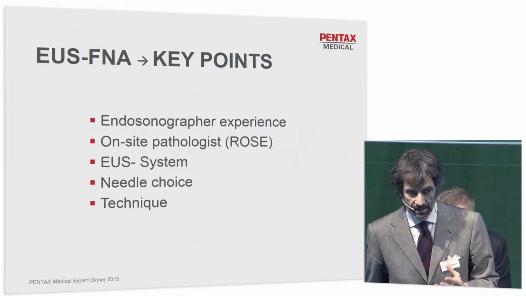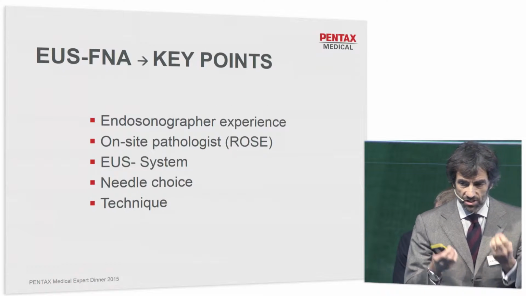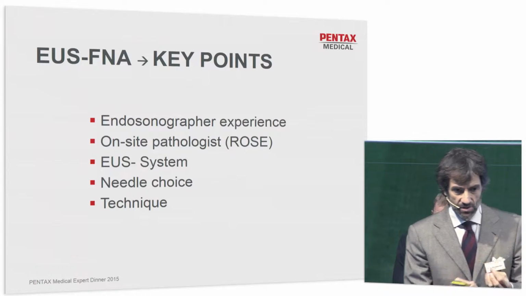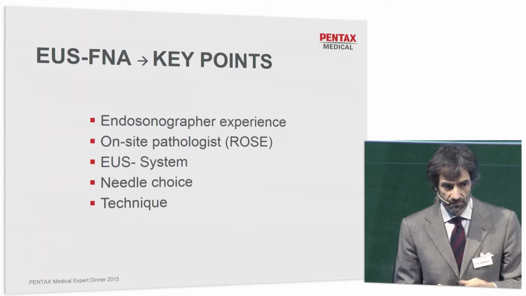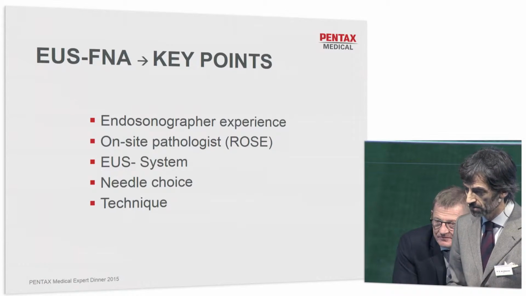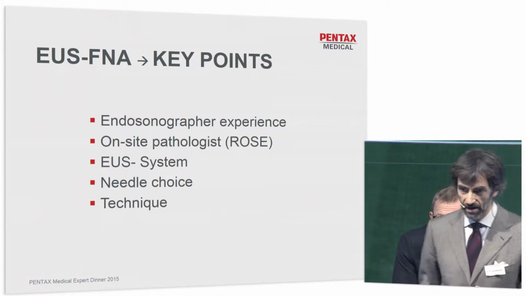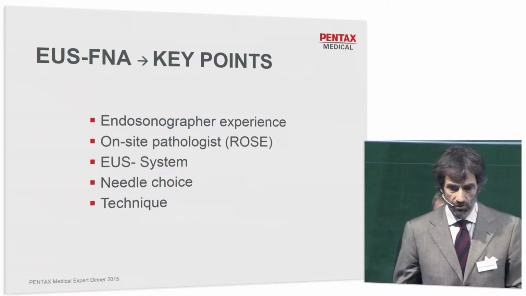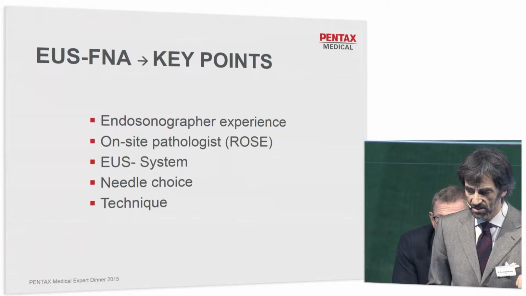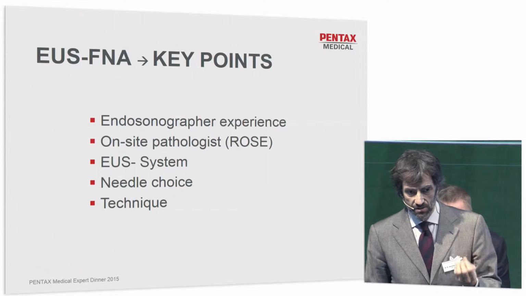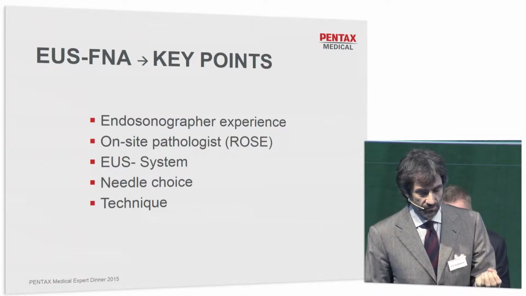So at the end, which are the key points for the success of EUS-FNA? We are here in the Barcelona house, and here we are talking about team. The EUS-FNA key point is that EUS-FNA should be performed by a team.